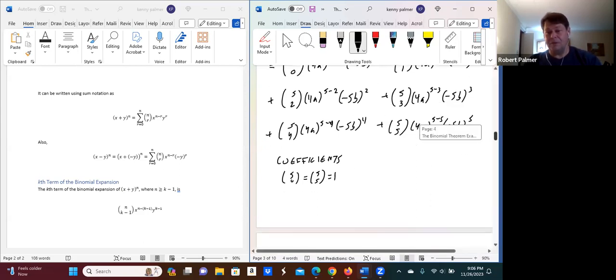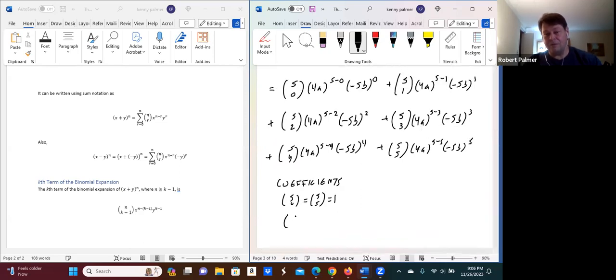Okay, let's also do the other one. 5 over 1 is going to be 5 factorial over 1 factorial times 5 minus 1 factorial. That's going to be 5 factorial over 1 factorial times 4 factorial. And that's going to be 120 over 1 times 24, and that should be 5.